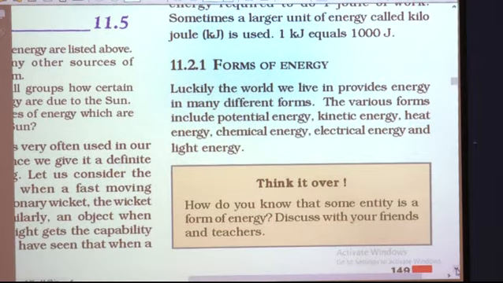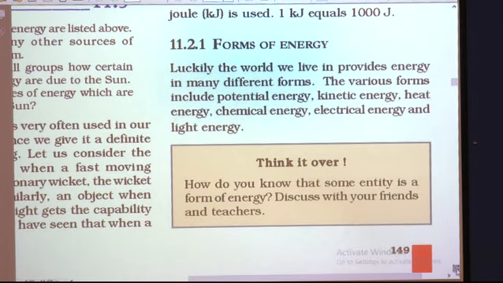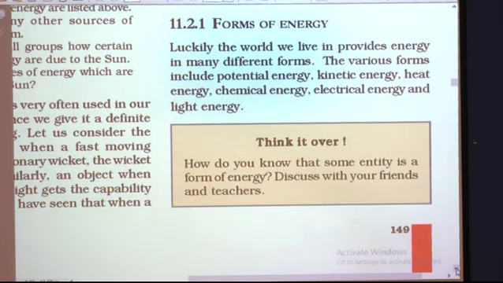Now, after knowing this introductory part of energy, let us discuss forms of energy. Luckily, the world we have provides energy in many different forms. There are many forms of energy, which include potential energy, kinetic energy, heat energy, chemical energy, electrical energy and light energy.